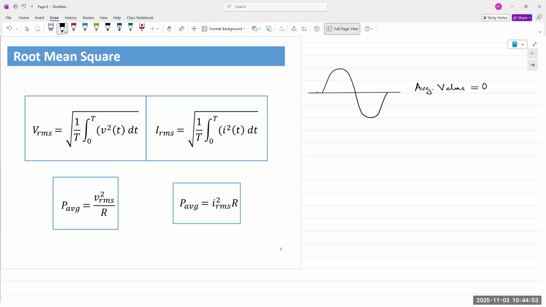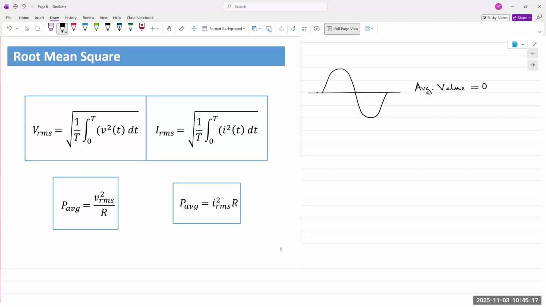Average value would be 0. Yet, when we apply an AC voltage to a circuit, energy is still being transferred. So mathematically, if the average value is 0, how can we represent the energy that is being transferred? How can we represent the response that is generated in the circuit?